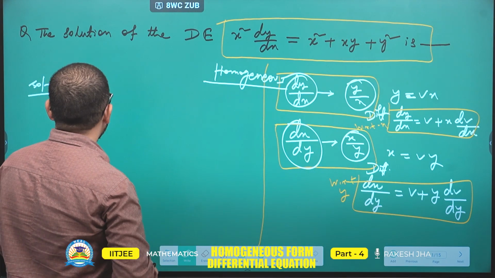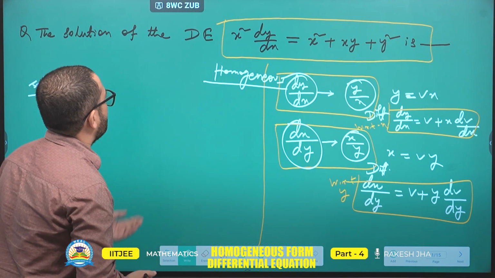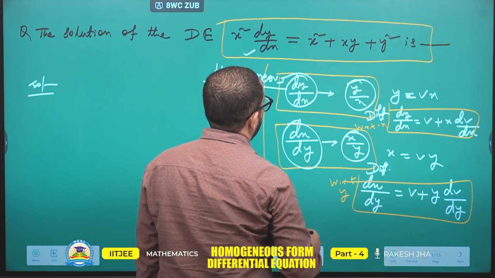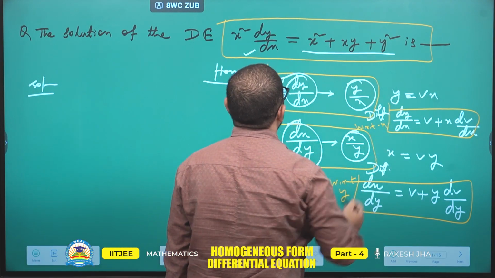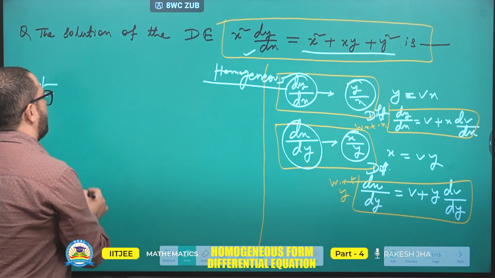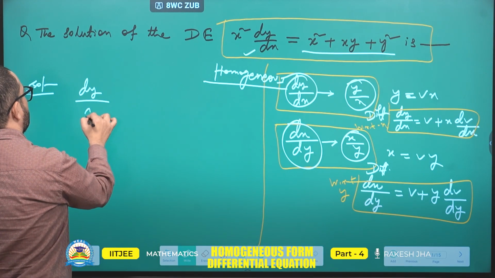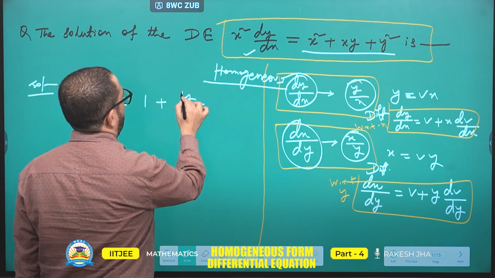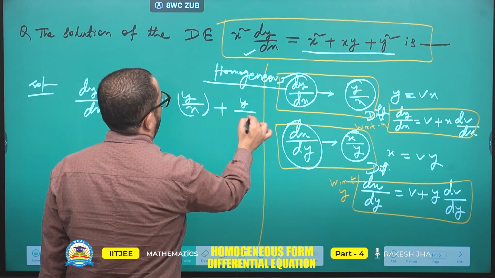So let's do the question, and then we will understand its methodology. We are given here x square dy by dx, and on the right side we have something. If you divide both sides by x square, then dy by dx is nothing but 1 plus y by x plus y upon x whole square.